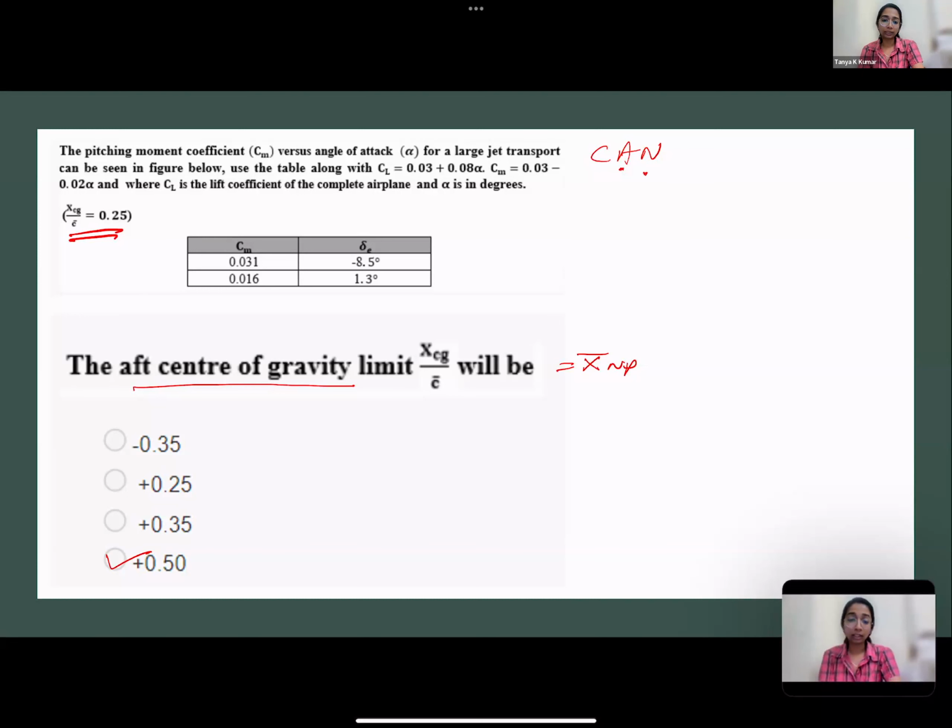Yeah, the gist of the question on the forum was that the neutral point varies as CL varies. Is that correct? As CL varies, does the neutral point change?